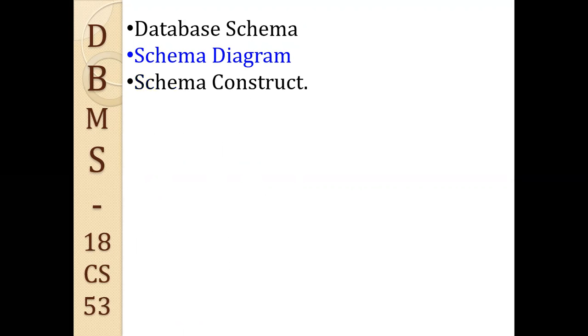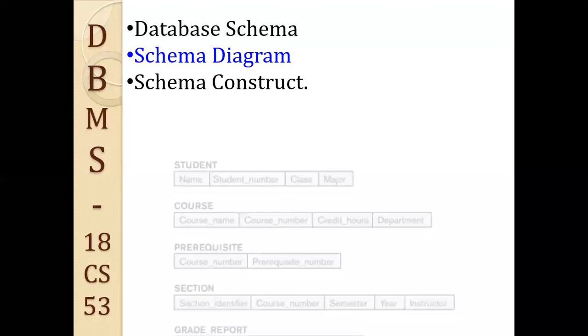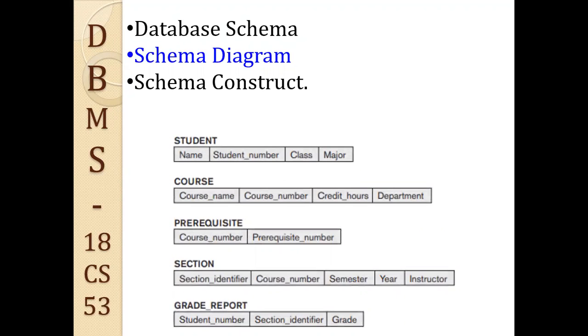This database schema can be displayed in the form of a diagram, which is referred to as a schema diagram. Each record or each object in the schema is referred to as a schema construct. The database schema, the schema diagram and the constructs are specified in the below diagram.